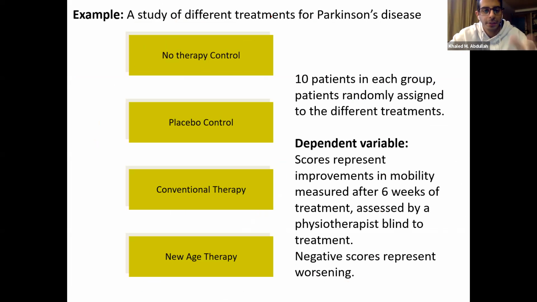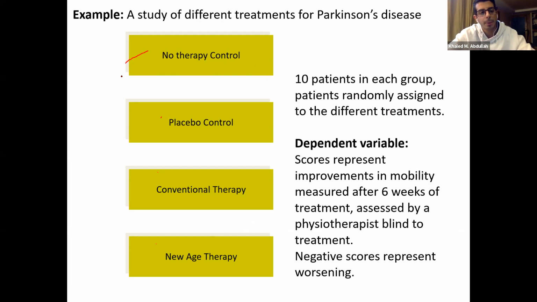Here. This is good. Now, before we start the study, we can outline what we're interested in. This is called a priori. This means that before I start the study, I made my groups. I have no therapy, placebo, conventional, and new age therapy, right? A priori means that before I collect the data, I am going to outline what I want to compare.